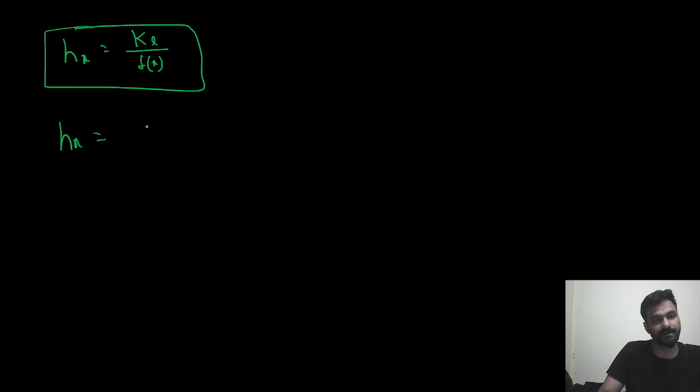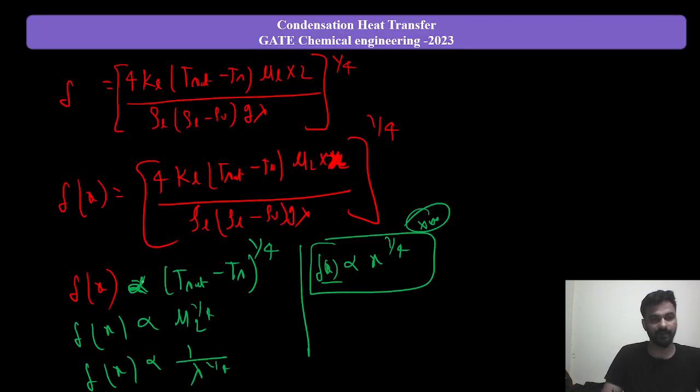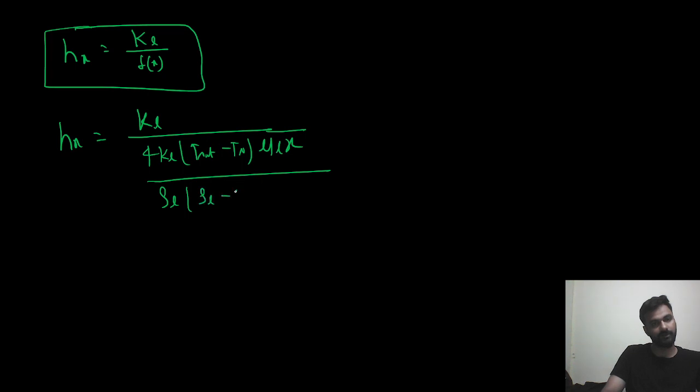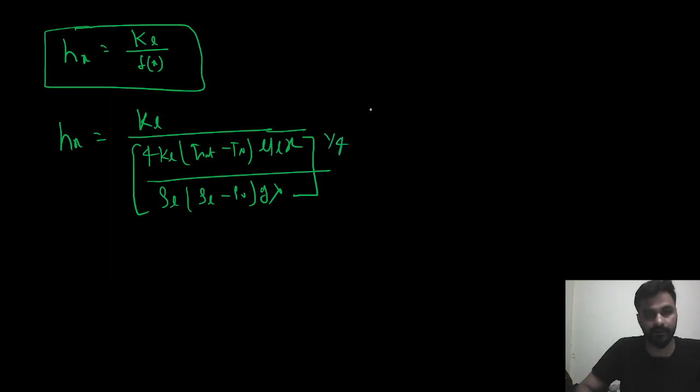So we can write Hx equals KL divided by the value of delta x we have already calculated over here, that is 4 KL (T set minus Ts) mu L into x upon rho L into (rho L minus rho V) into g lambda, whole to the power 1 by 4. So you can see it like that.